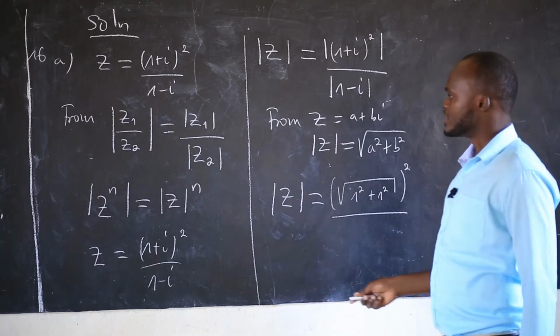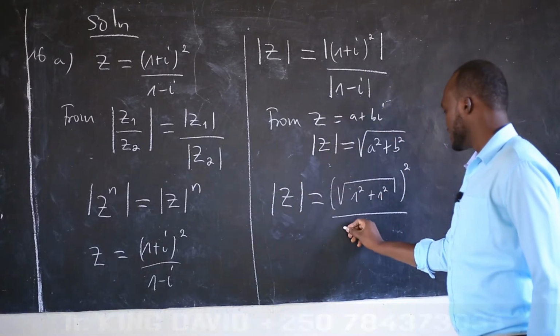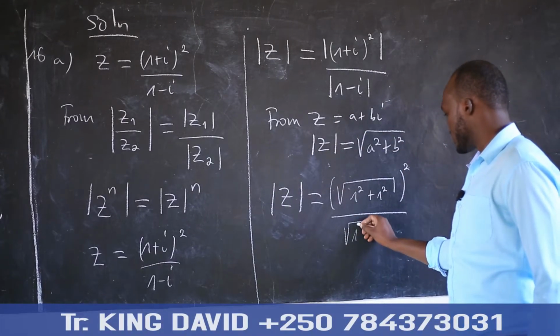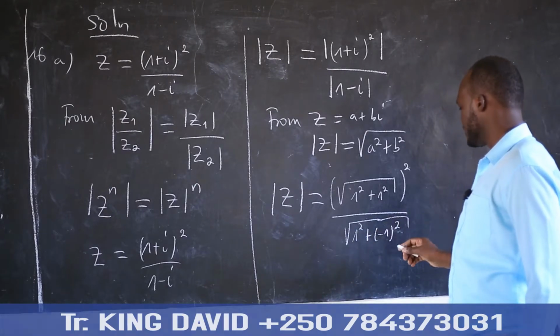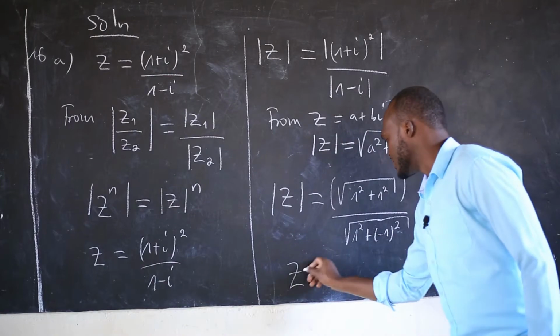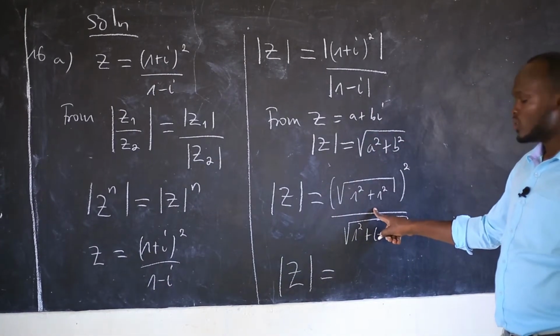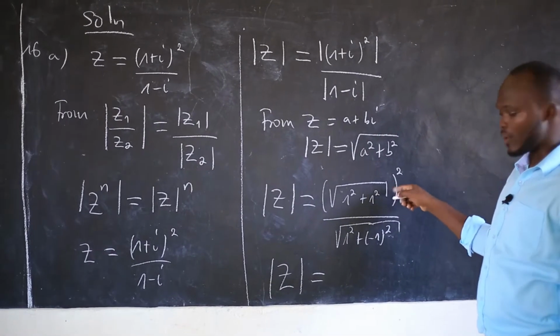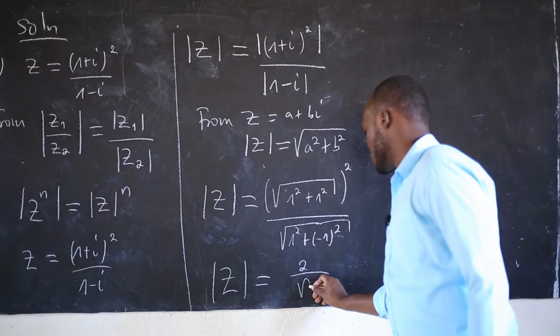Divided by, using this property here, the modulus of 1 minus i is the square root of 1 squared plus negative 1 squared. So our modulus of z is, this is root 2, root 2 squared, that is 2, divided by root 2.